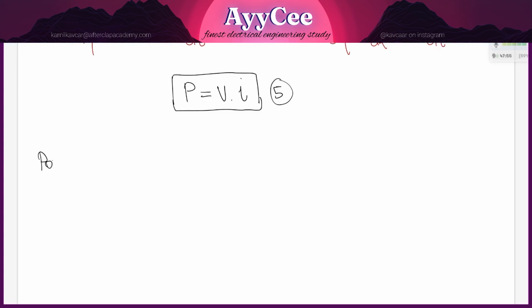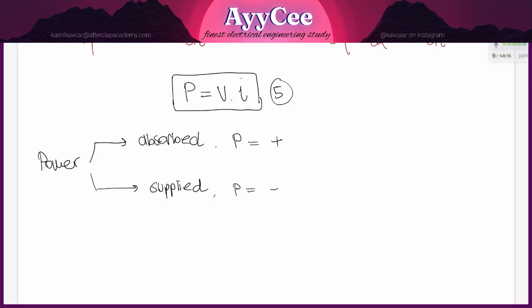Let's say we have a power across the element. It can be either absorbed or supplied by the element. So if the power that you calculate for that particular element is positive, then that means power is absorbed. But if the power is negative, then that means the power is supplied.